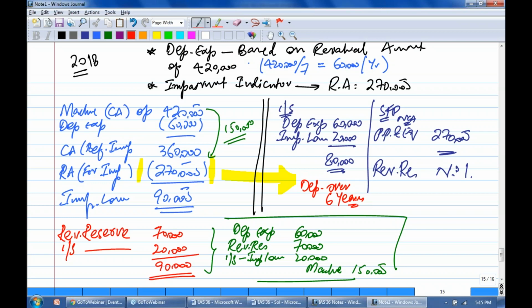Depreciate over 6 years with the amount 270,000. 270 over 6, that is 45,000 per year.